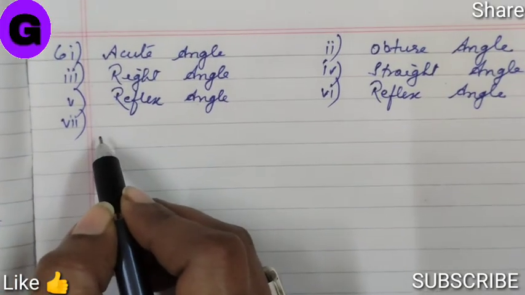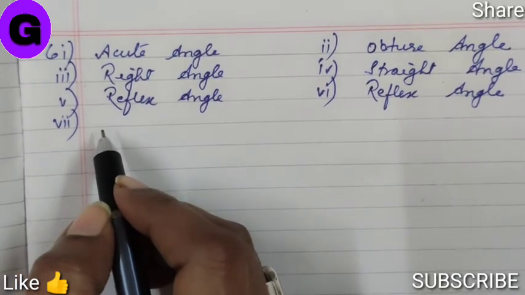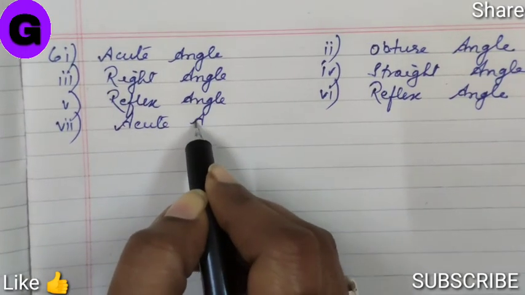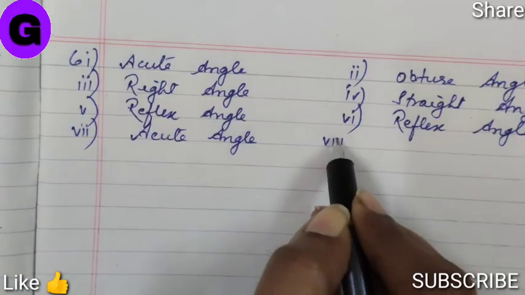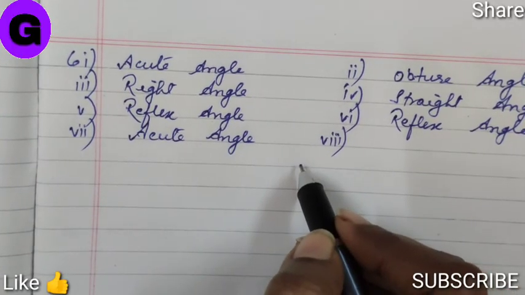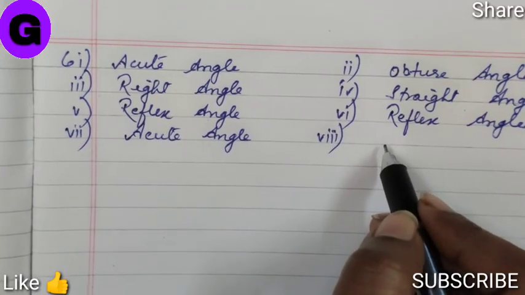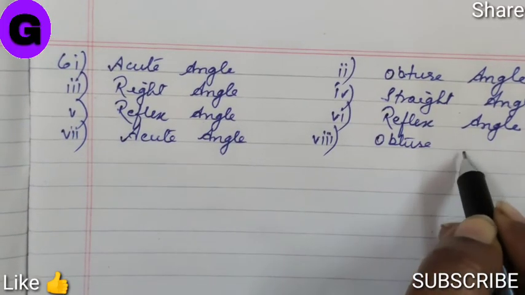Number 7. 89 degrees. That is acute angle. That is less than 90 degrees. Number 8. 178 degrees. That is more than 90 degrees but less than 180 degrees. So, obtuse angle.